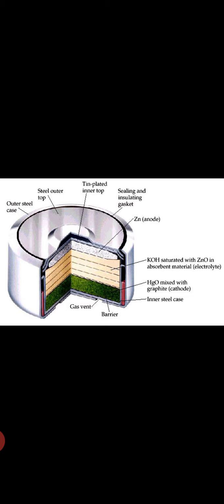I said zinc will lose 2 electrons to form Zn2+, Zn minus 2e minus to form Zn2+. Zn2+ will react with OH minus to form zinc oxide and water. Got it? Now mercuric oxide, which is the cathode, will gain these 2 electrons lost by the anode, and reacts with water to form liquid mercury and OH minus. So ultimately you add up the two reactions and you get Zn plus HgO gives ZnO plus Hg. This is the overall reaction.